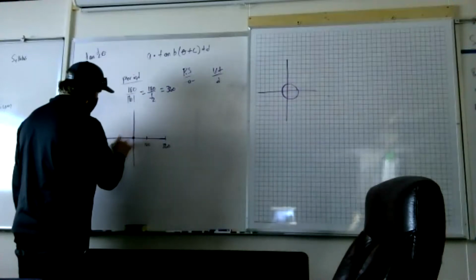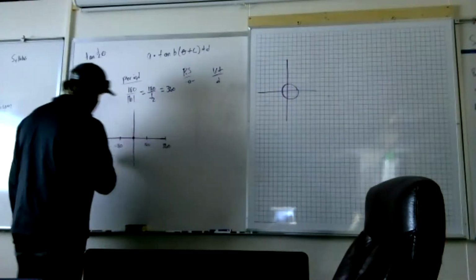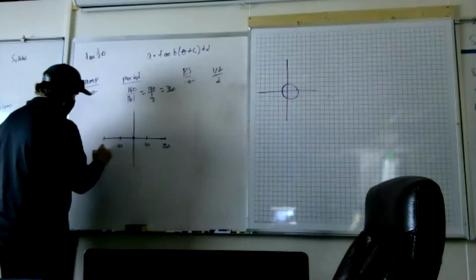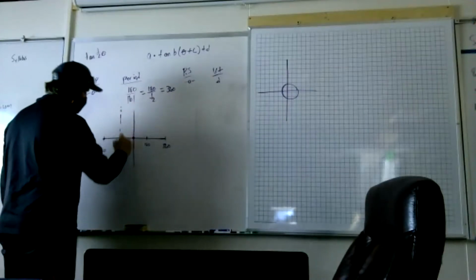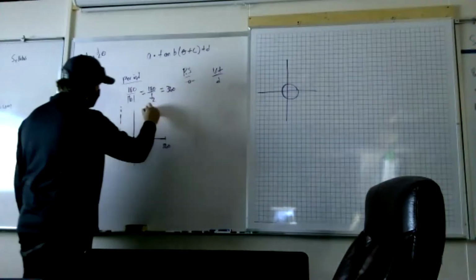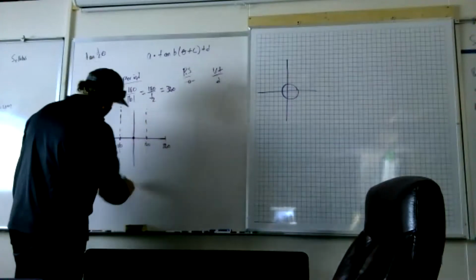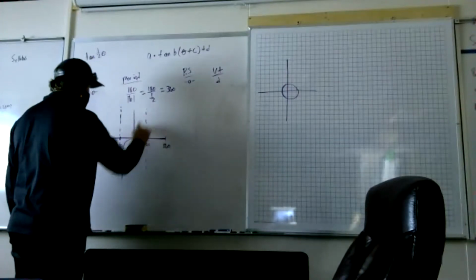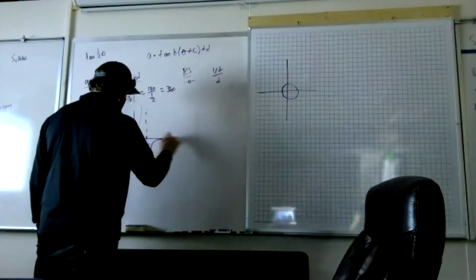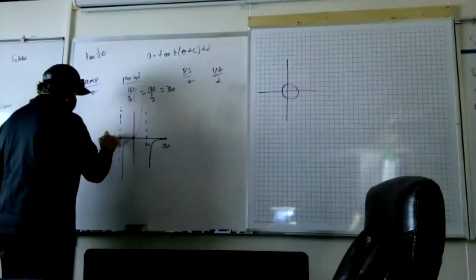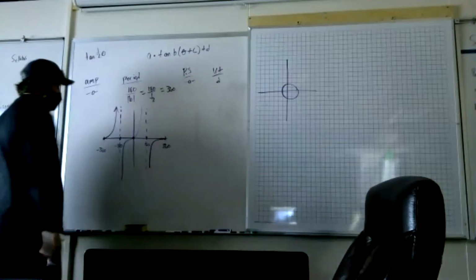I'm going to have an asymptote at negative 180. I'm going to have another intercept at negative 360. Draw my asymptotes like this. There's my graph. There's that side of it. There's that side of it.